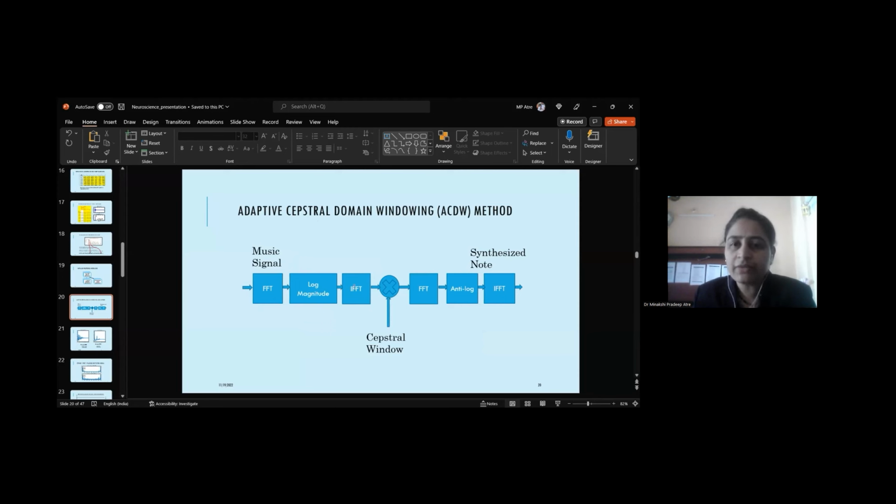Then we take the inverse Fourier transform and enter the cepstral domain, the cepstral window domain, and then we again take the fast Fourier transform, then the anti-logarithm of those values, and finally we use the inverse fast Fourier transform to get the synthesized note. So at this cepstral window stage, we separate the impulse response and preserve it here.